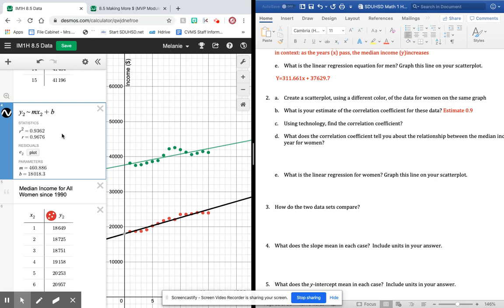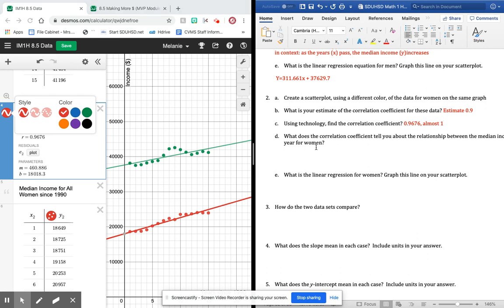I have the correlation coefficient here, which is r, really, really high, right? 0.9676, almost 1, almost perfect, right? Because 1 would be a perfectly straight line. Look how many dots you have on that line. I'm going to go ahead and make it red. Okay.